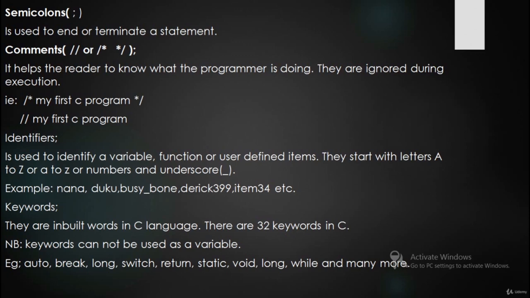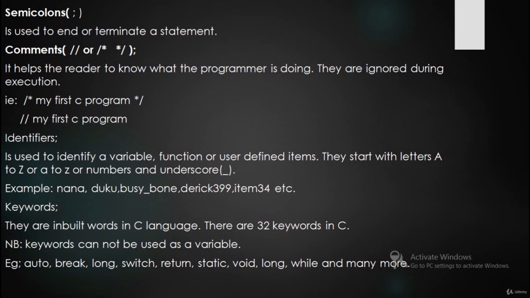So when you want to help the reader to know what exactly you are doing, you just indicate it by a double slash and then write the comment so that the reader would understand what you are about. That is why in our program that we built, we had something like this. Something like this is the same as this one. They are all the same, so you can either use this or that.